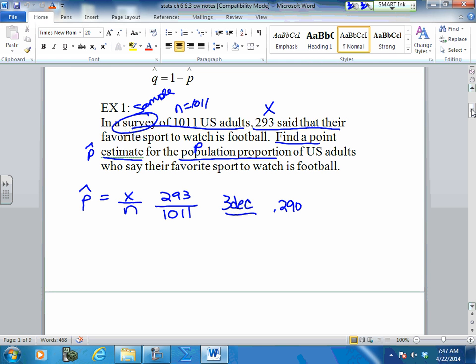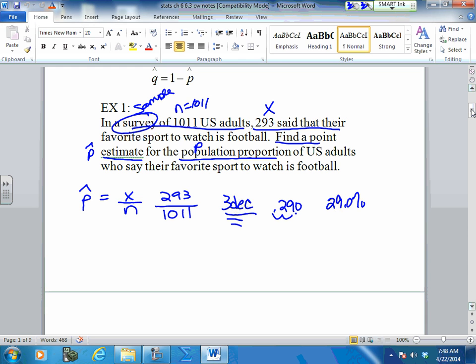Now the reason we go 3 decimals is because if you flip it to a percent, you move this 2 decimals, you want to have 1 decimal there because it's not exact. So this one came out this way, if for some reason you need it to be a percent. But rule of thumb, 3 decimals.